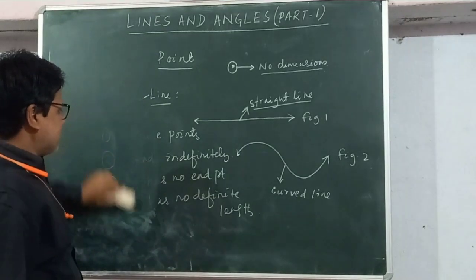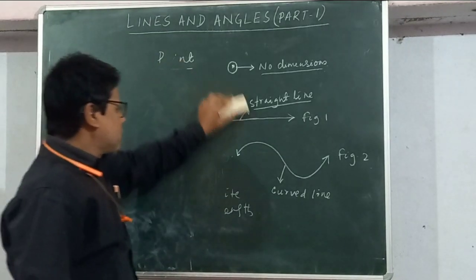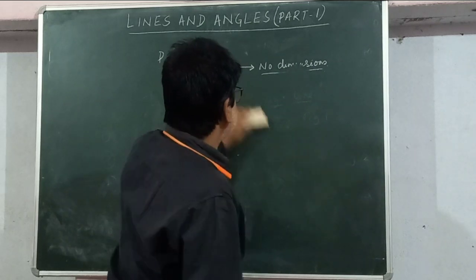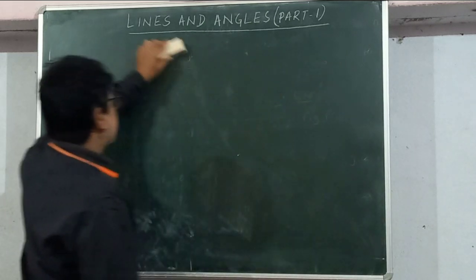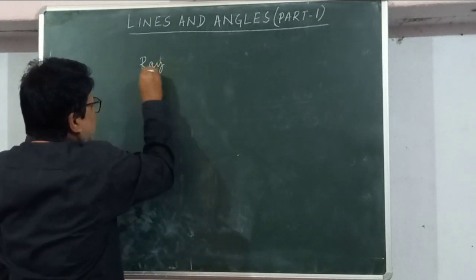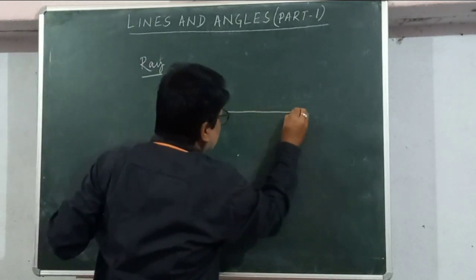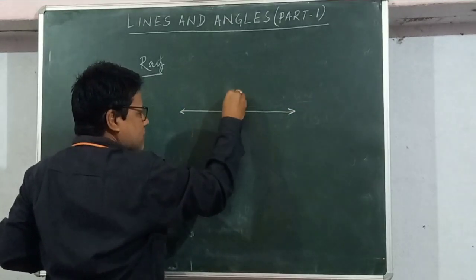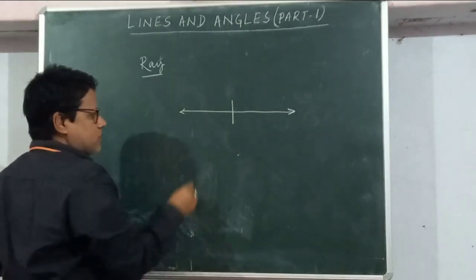Then, after the line, we will read about a ray. What is a ray? Suppose this is a line. We cut the straight line at this point.